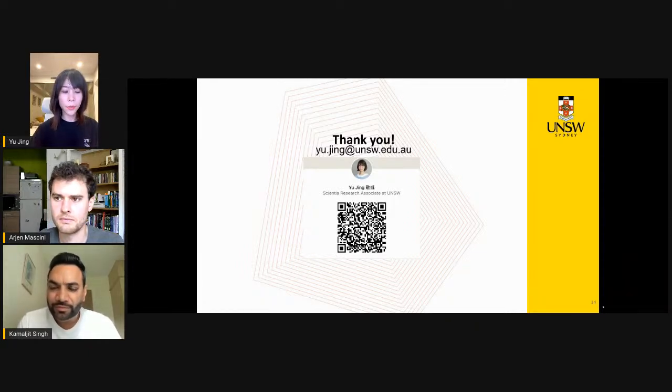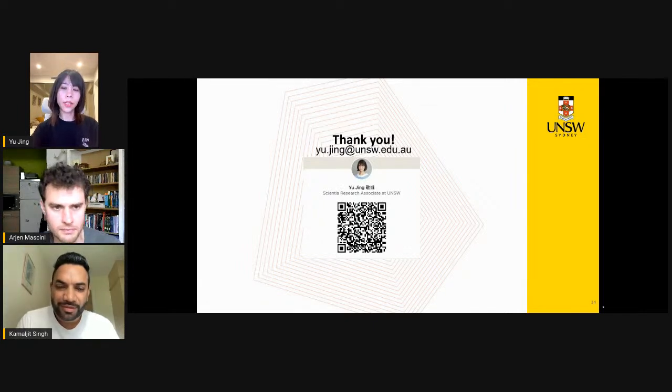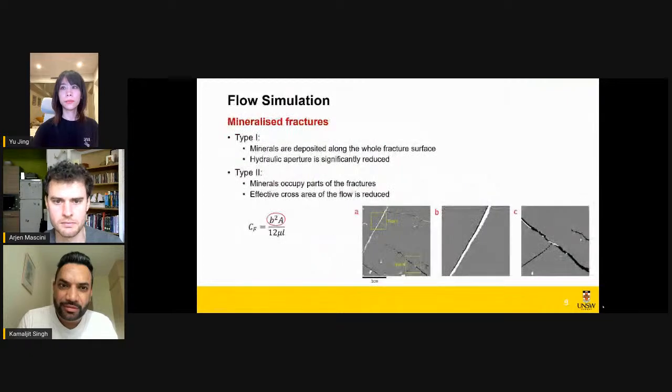I cannot do more based on this resolution, but I can still measure the roughness. The roughness is described by the height of the surface and also the wavelength.